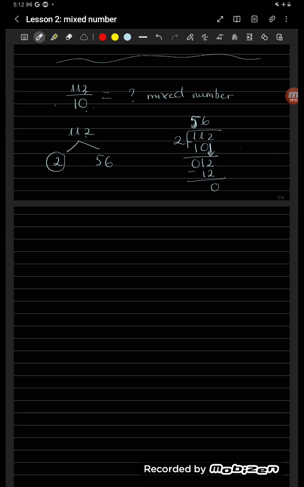But in this case, we don't need to continue because we look at the denominator 10. 10 can be written as a product of two prime numbers, 2 and 5, right? Both of them have a 2, and 56 ends with 6, so it cannot divide by 5. That's why we don't need to break down 56 anymore. No need to waste your time.